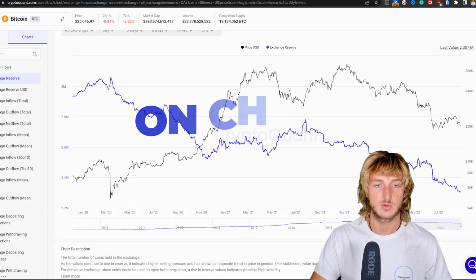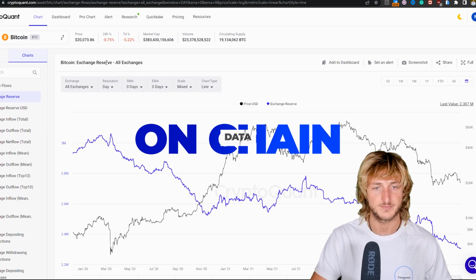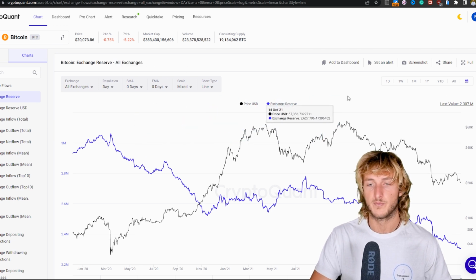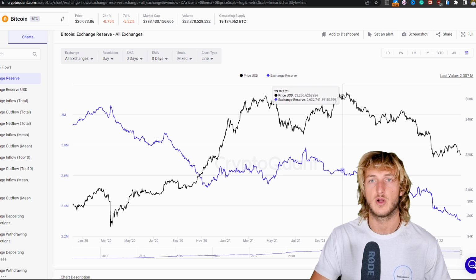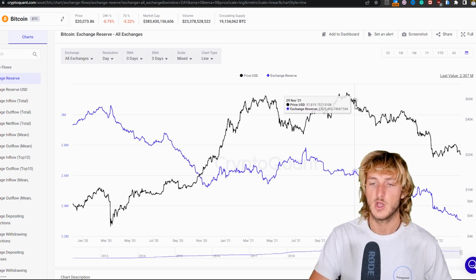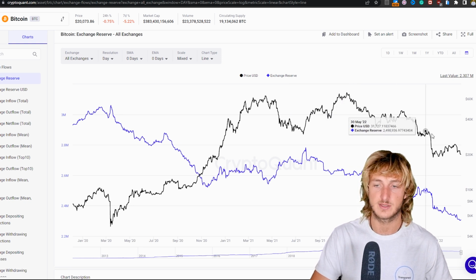Now, if we go and see what we have when it comes to the on-chain data, so basically the exchanges specifically, so the reserve exchanges, so all the Bitcoins that are present at the moment on the exchange reserves, what we can see is that the black line here is the price, the purple line is the amount of Bitcoins on exchanges.